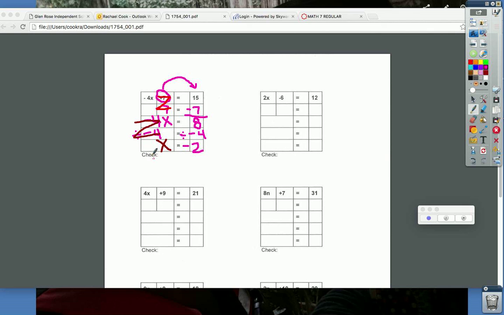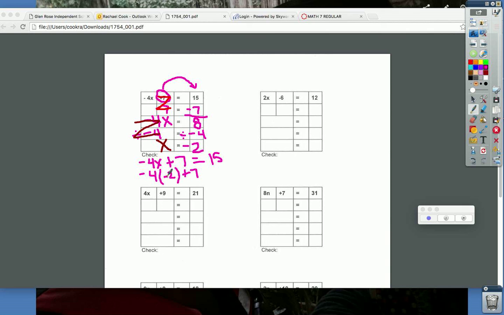Now to check this problem, and we do need to check them, we are going to rewrite the original equation. Our original equation was negative 4x plus 7 equals 15. Now we're going to replace this x with negative 2. So I'm going to have negative 4 times negative 2 plus 7.